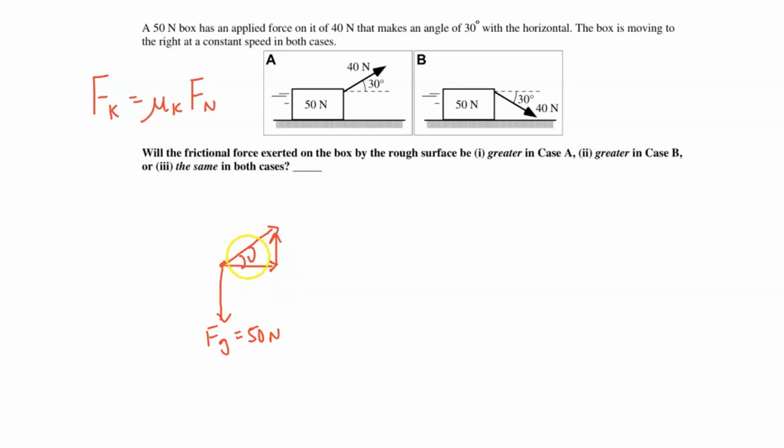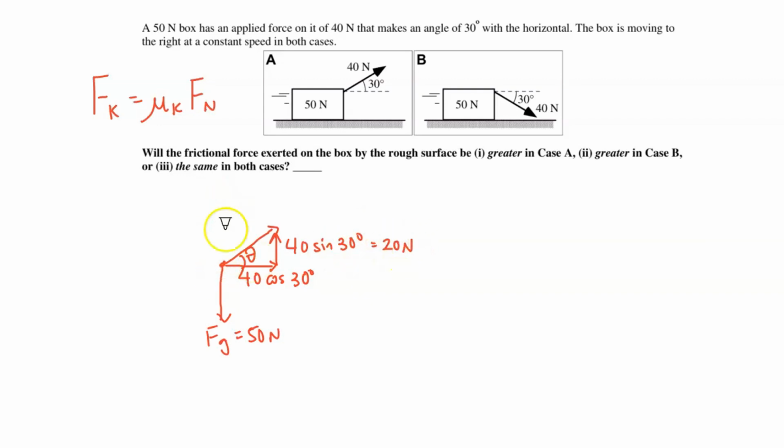Here's my angle theta, which is 30 degrees. Because this is next to the angle, this is going to be cosine, so this will be 40 cosine 30. And then this side will be 40 sine 30, and 40 sine 30 is equal to 20 newtons.